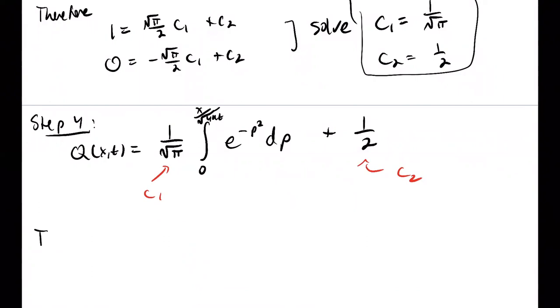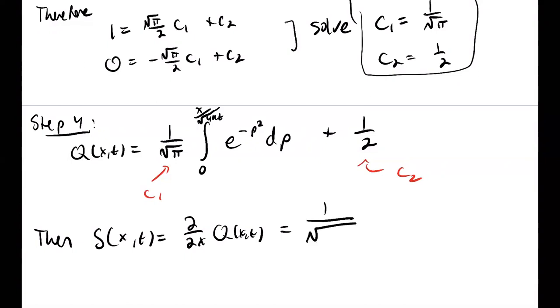And so finally, the source function S is just given by the derivative with respect to x of Q. When I differentiate Q with respect to x, I can use the fundamental theorem of calculus, but I have to make sure I use the chain rule. So I have to multiply by the derivative with respect to x of what's in the top bound for the integral. If you do this calculation, you end up multiplying by 1 over square root of 4kt.